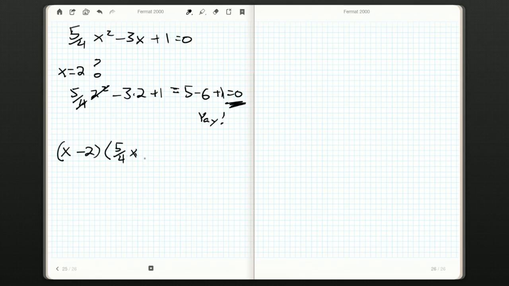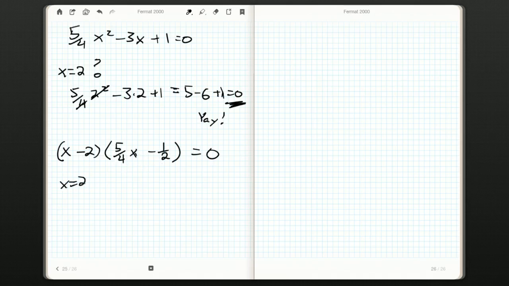I need minus 2 times another minus a half to get that 1. And then negative 2 times 5 fourths is negative 5 halves. Plus negative a half x, that's going to be minus 3x. So this is the factored form of the formula.